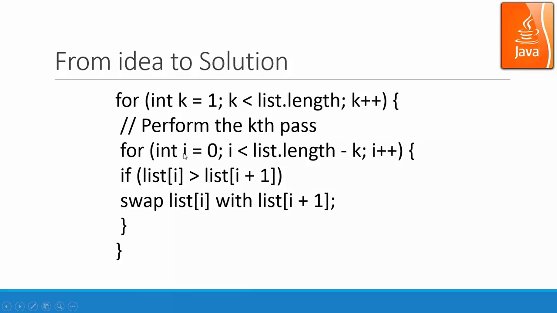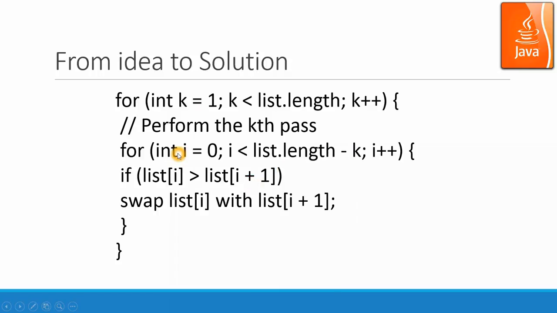Similarly, in the second phase, we have k equals 2. So the last comparison is at i equals list.length minus 3 with list.length minus 2.